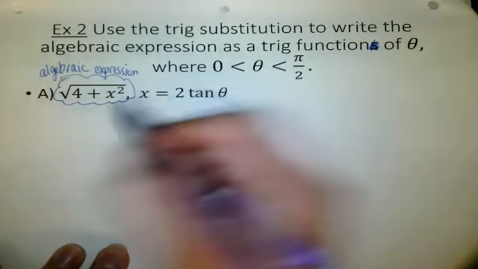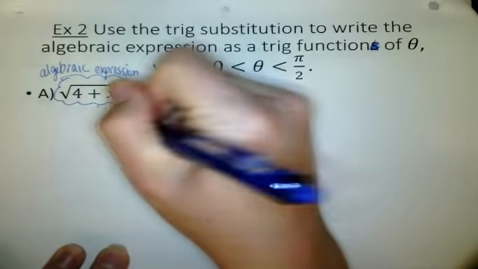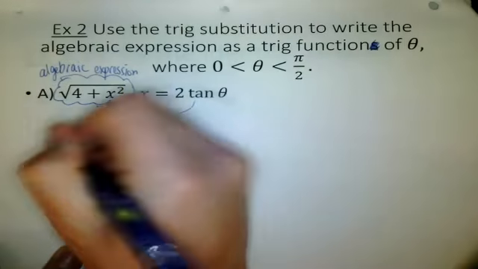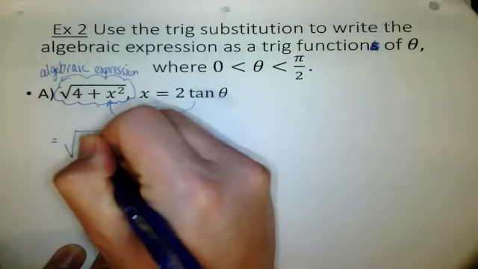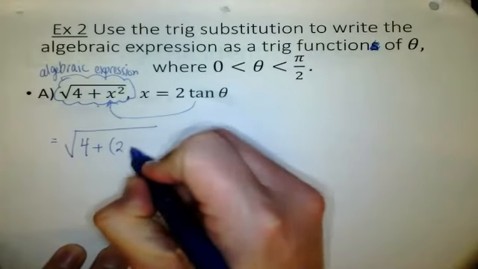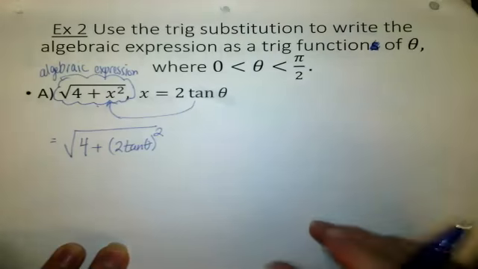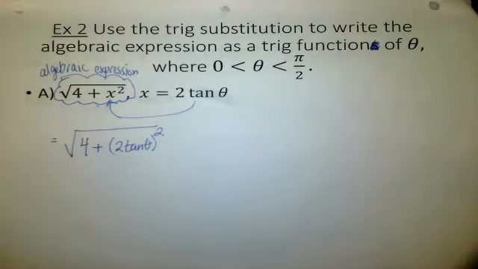So I'm just going to go ahead and substitute that. I'm going to drop it in place of the x. So that gives me 4 plus, now I'm substituting in place of x, so 2 tangent of theta, and it's going to be squared. So be careful when you substitute. You want to really do this the right way.